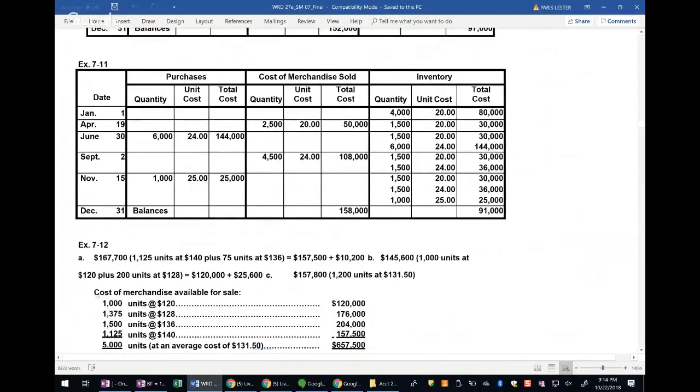Exercise 7.12, it says all 3 methods, doesn't it? And here they're just getting average cost.